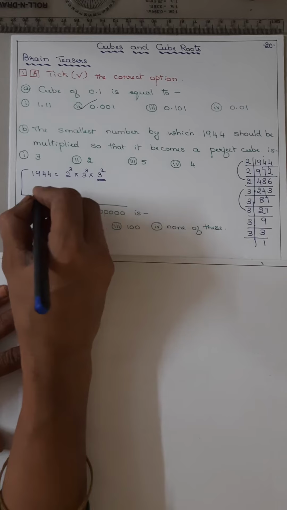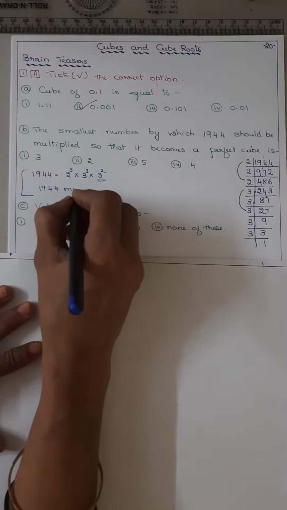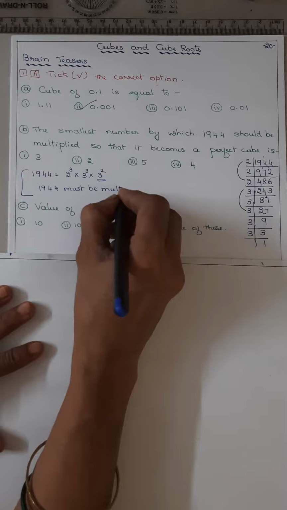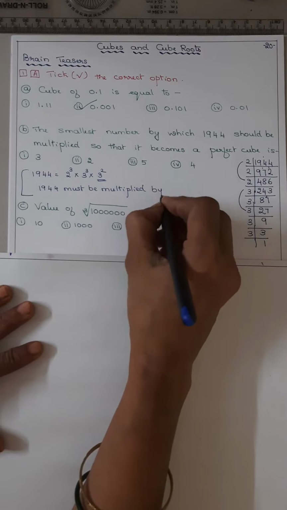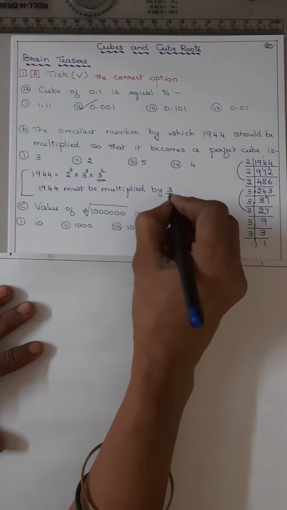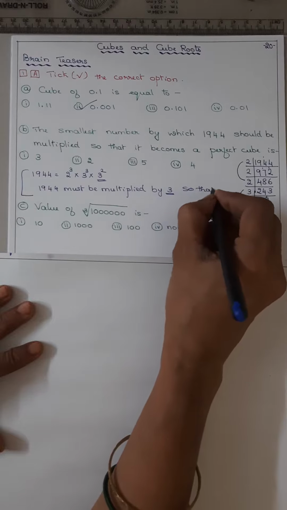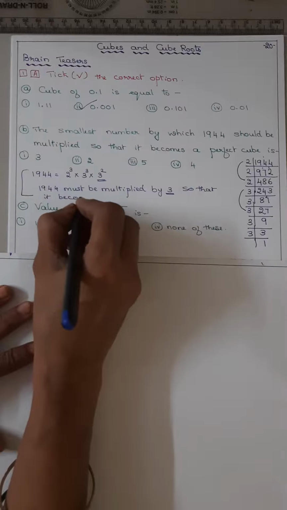That means the number required is 1944 must be multiplied by 3 so that it becomes a perfect cube.